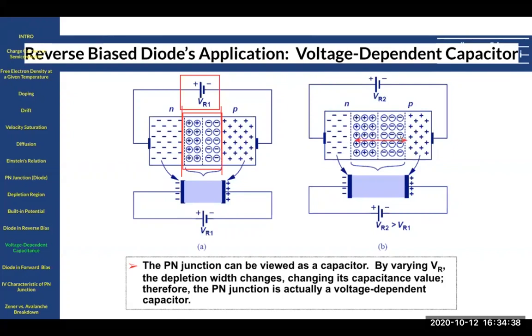Because it gets much larger, the capacitance value of this junction drops. And then we can form an equation that has an input VR, this becomes your input voltage, and you start to continuously change it. And when you continuously change it, you continuously change the depletion region and the capacitance.